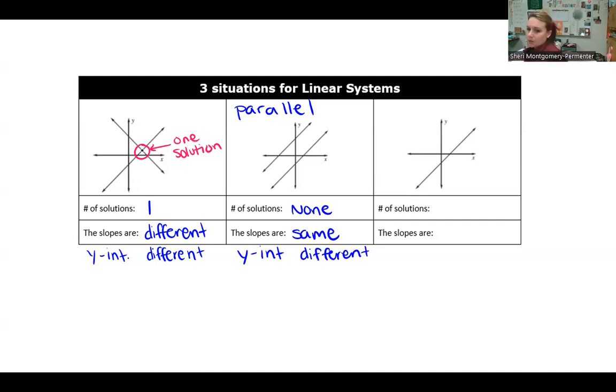The last situation. Do you see two lines? No. You only see one, but technically there are two. They are actually the same line. That's weird, but it's a type of system.